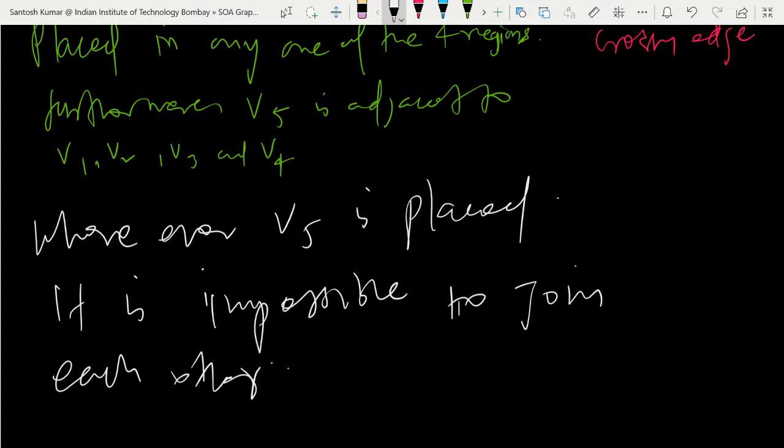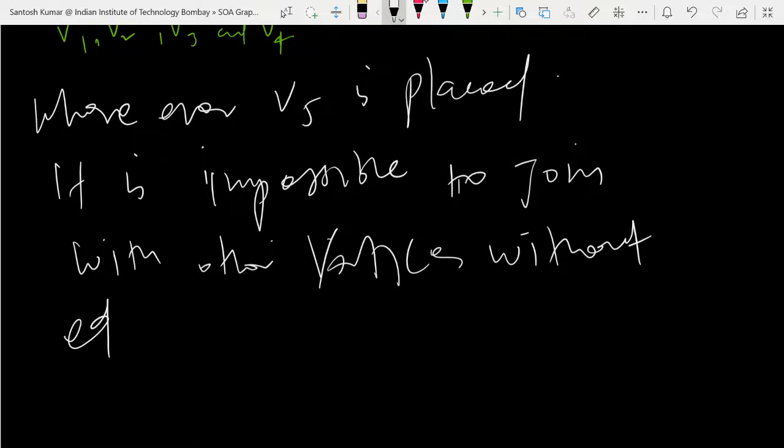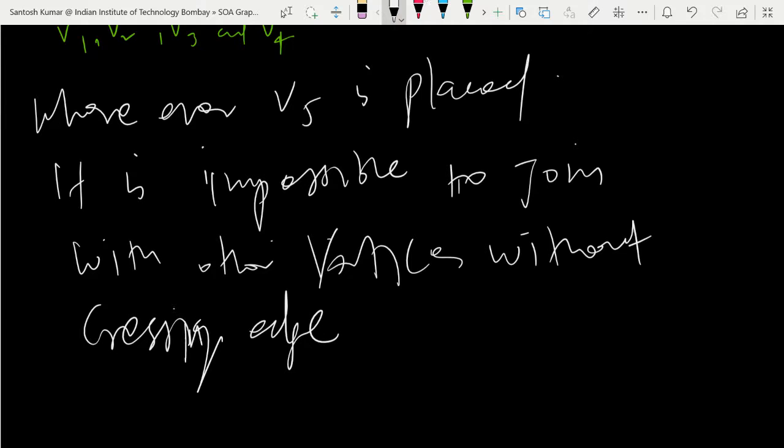Join each other means v5 to all of v1, v2, v3, v4, or other vertices. It is impossible to join with other vertices without crossing. So, are you convinced? Okay, yes.